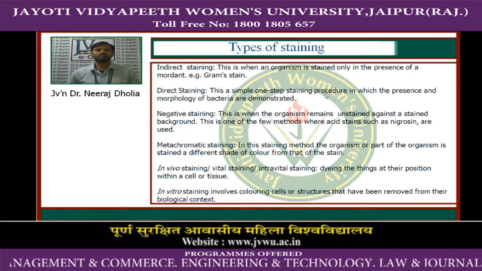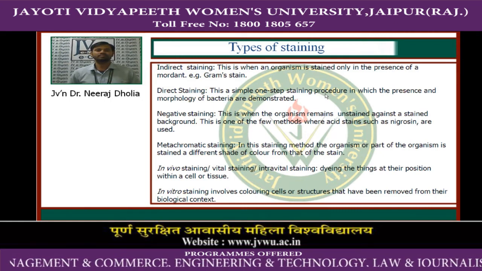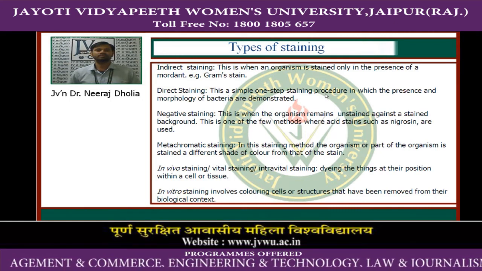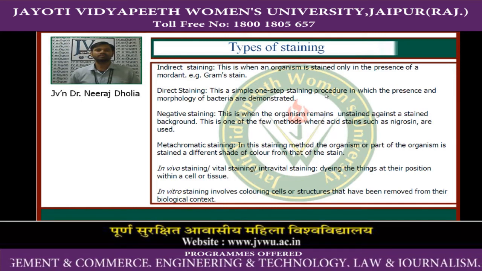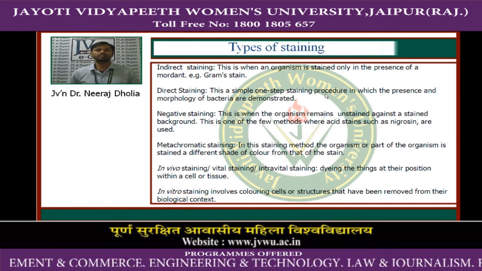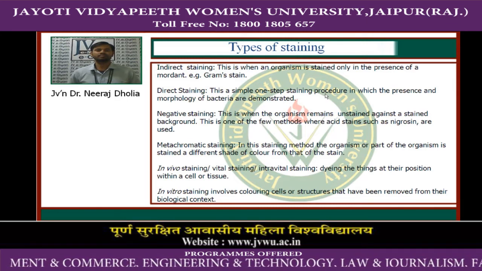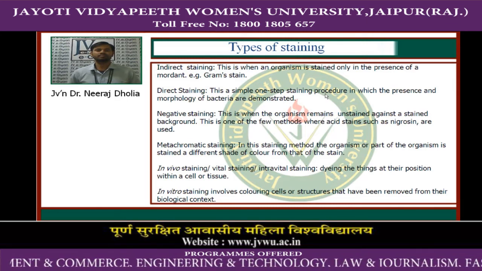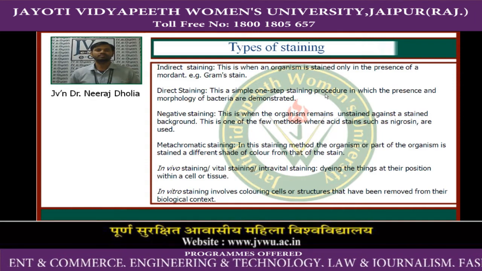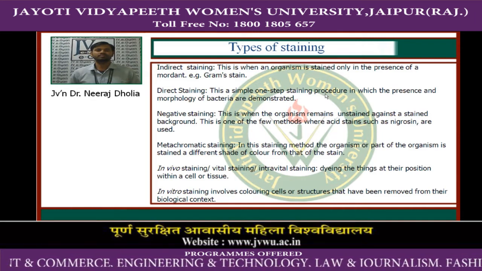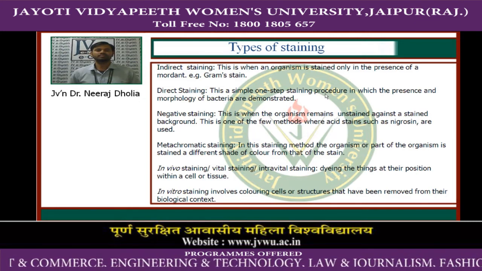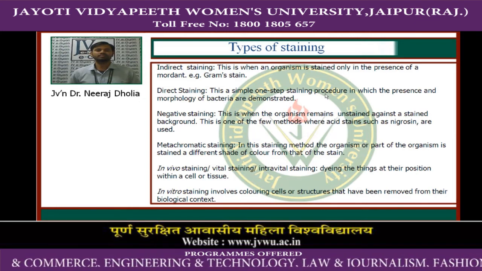And second is in vitro staining, which involves coloring cells or structures that have been removed from their biological context. Generally, the staining in pathological labs or experimental labs is in vitro staining. In vivo staining is performed very rarely in experimental setups.